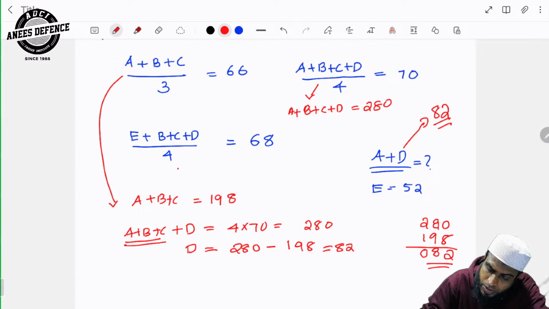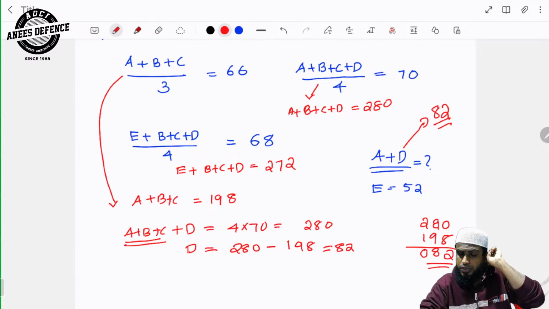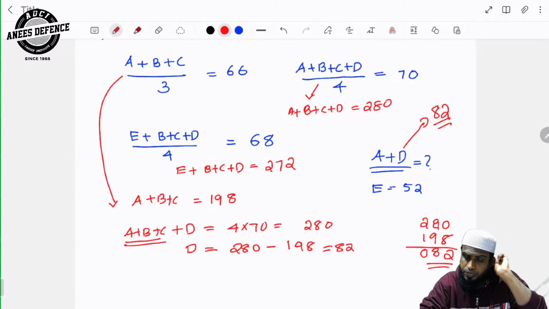E plus B plus C plus D equals 4 into 68, which is 272.